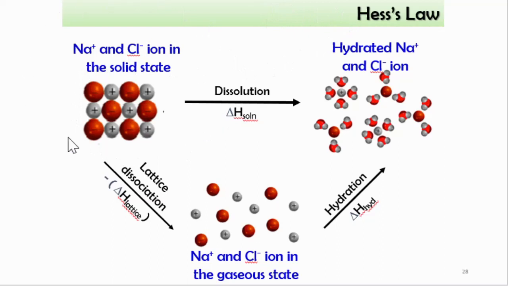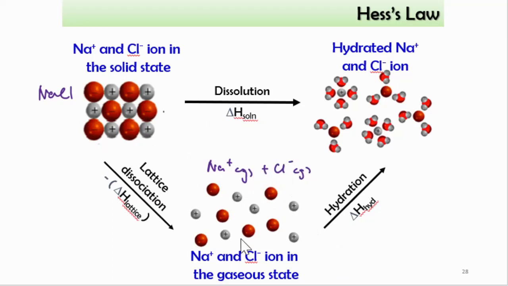So kita tengok ionic solid, your NaCl, dalam bentuk solid state lah. Bila berlakunya dissolution, it will be hydrated Na+ ion dengan Cl- ion. And then kalau your NaCl undergo lattice dissociation energy, dia akan separated to form Na+ gaseous and Cl- gaseous ion.